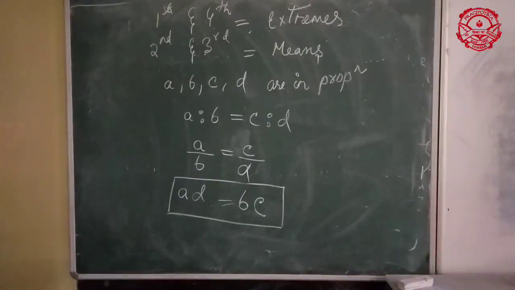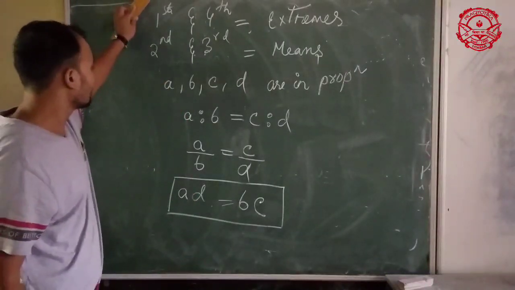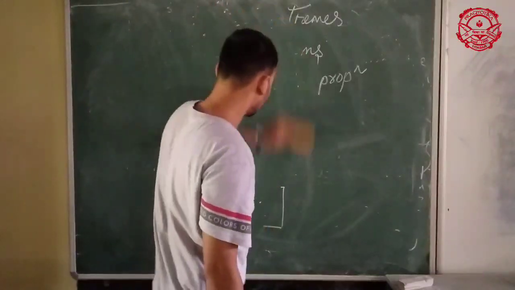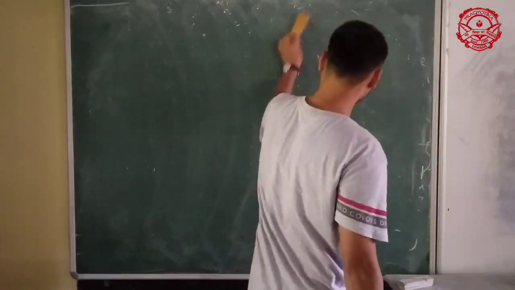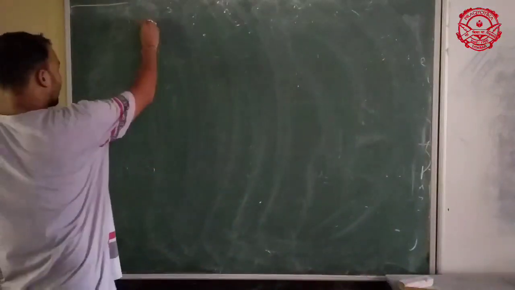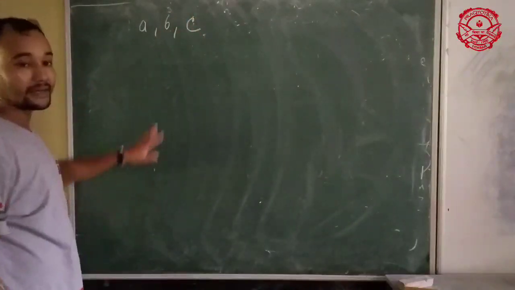Now we come to a term called continued proportion. What is a continued proportion? Suppose three terms are given. Instead of four, now we have three terms like A, B, and C. They are of the same kind.